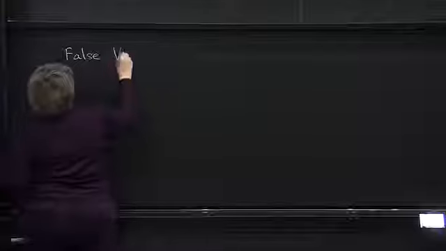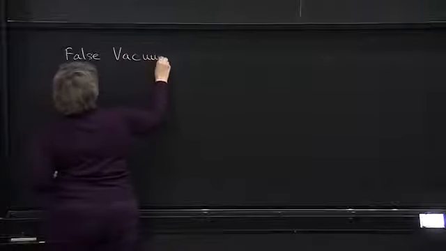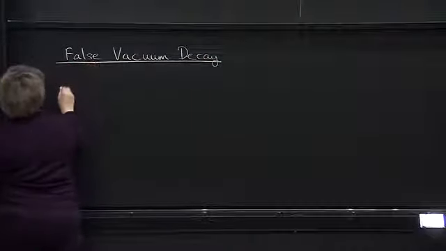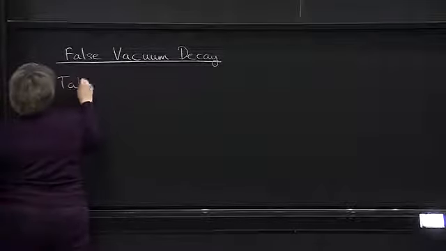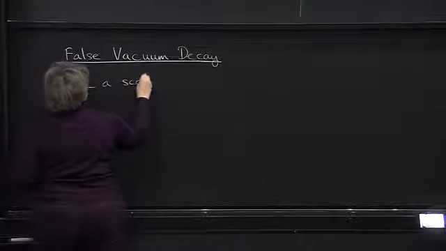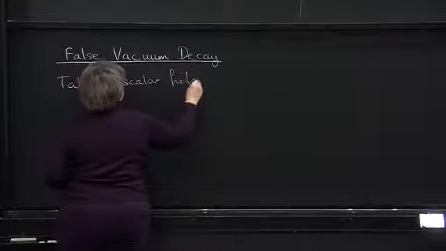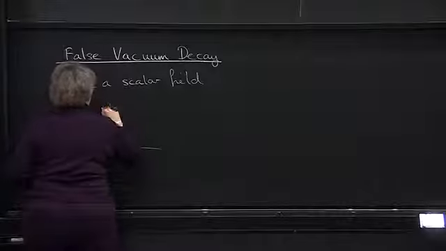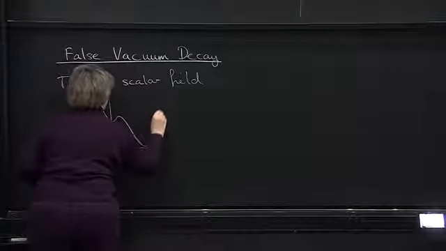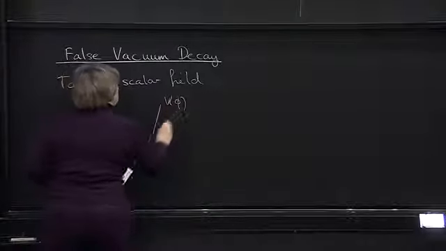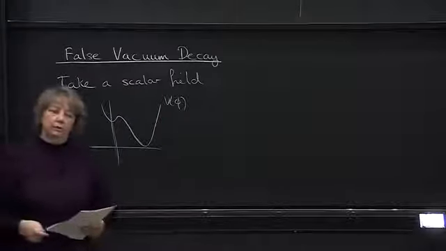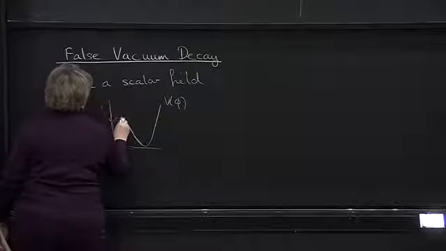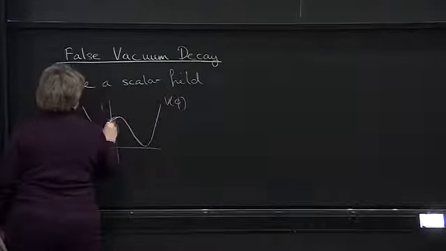So let's now look at Coleman's work on false vacuum decay. So I'm going to assume I've got a scalar field, let's say, a bit bigger barrier.